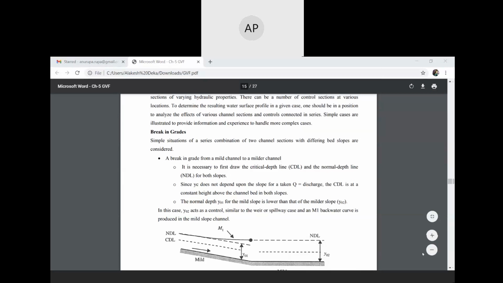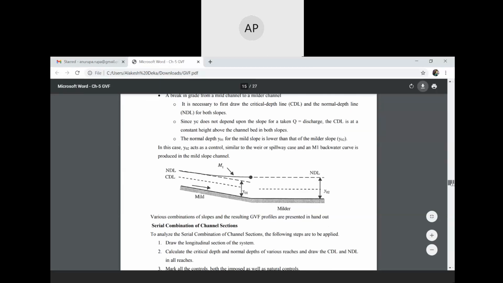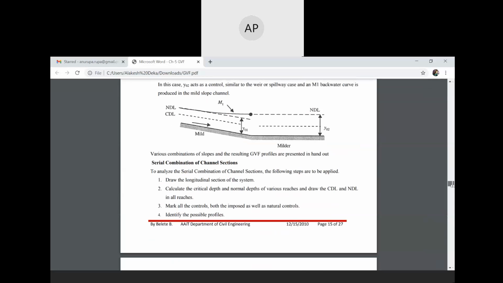To determine the resulting water surface profile in a given case, one should be in a position to analyze the effects of various channels and controls connected in series. Break in grades. Some situations of a series combination of two channel sections. Generally, if you combine two control sections, then it behaves like a combination of control sections.